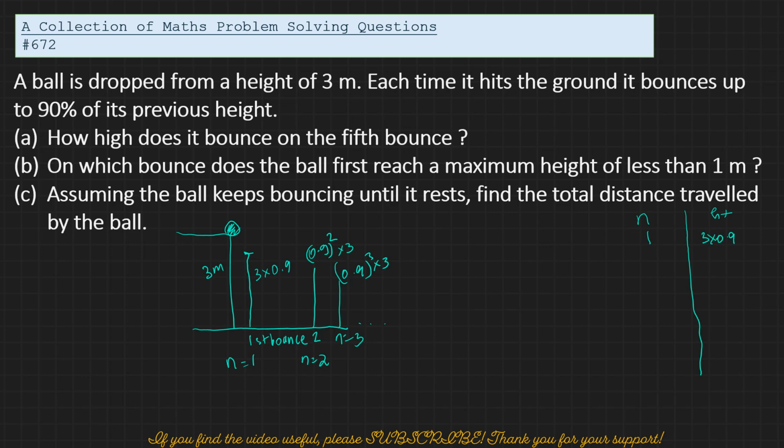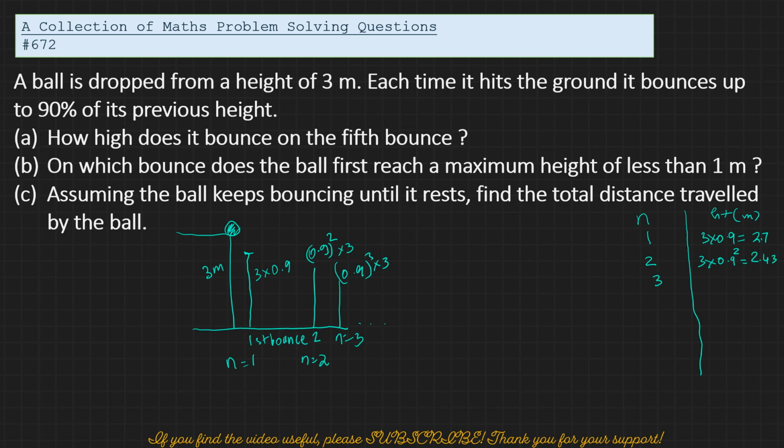So if n is 1, it is 3 times 0.9, and that is 2.7 meters. So the height is in meters. And then if I have n is 2, it will be 3 times 0.9 squared, and that is 2.43 meters.